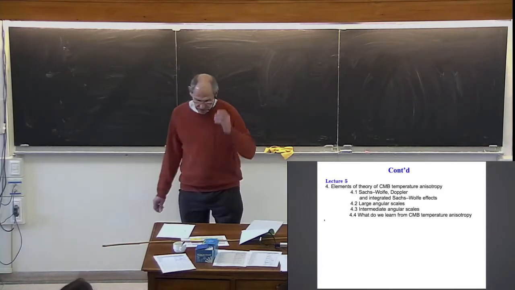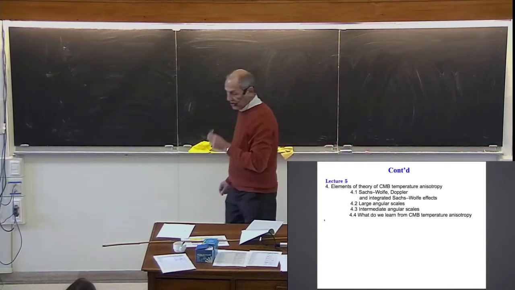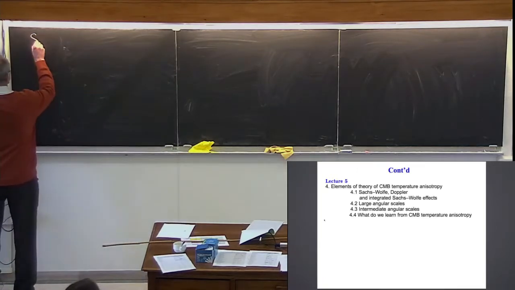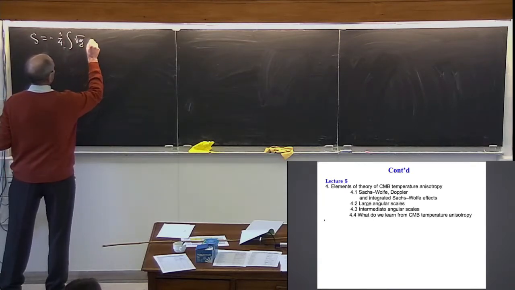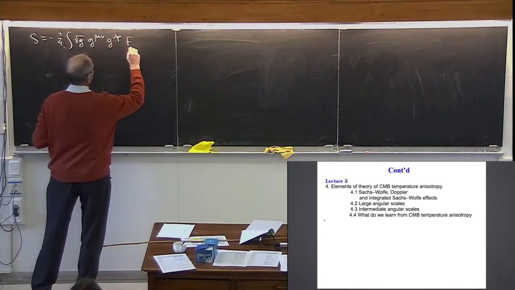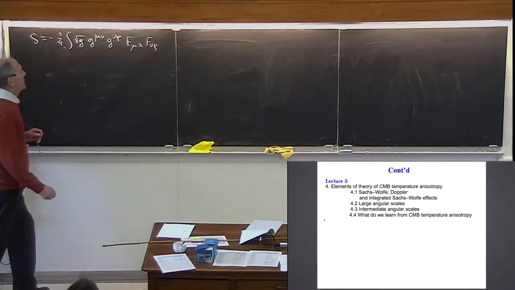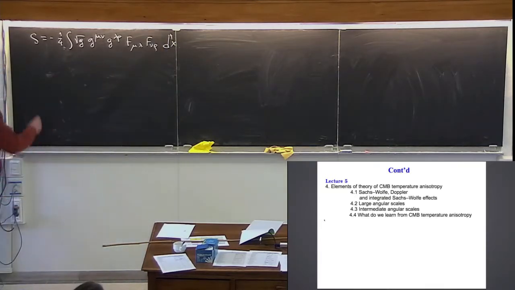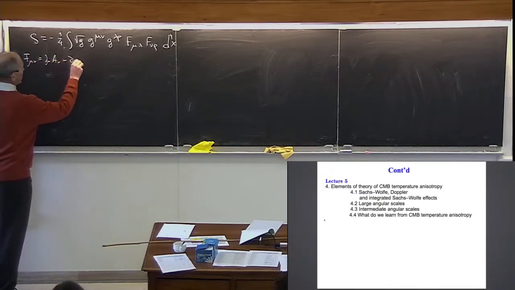So what we would like to understand is what is the temperature of photons coming to us from different directions in the sky. Okay, in the first place, let me write down the action for the electromagnetic field, with g^{μν} g^{λρ} F_{μλ} F_{νρ} in the integral over d^4x, where F is the standard ∂_μ A_ν minus ∂_ν A_μ, right?